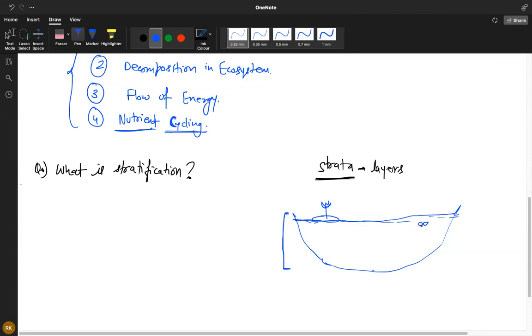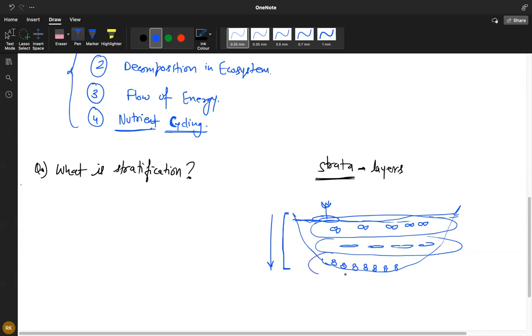Then you will find some fish living in the upper layers, layer 1. There will be other kind of fish that will take the middle layer. They will always live in the middle layer. And there will be some kind of organisms that will live on the lake bed or the pond bed. So this vertical distribution where organisms have a place in their ecosystem and it's vertically distributed, that's called stratification. Is it clear?